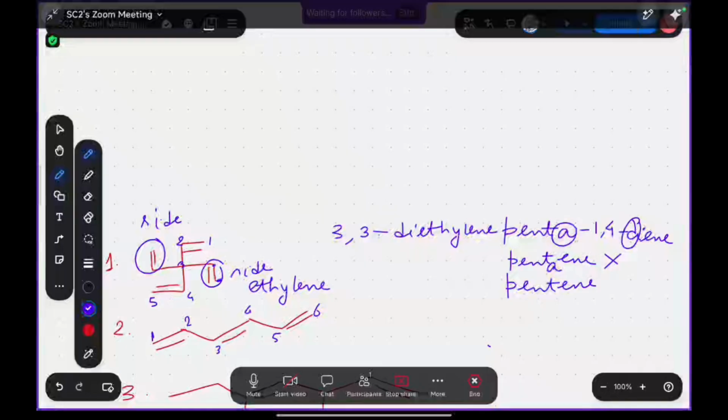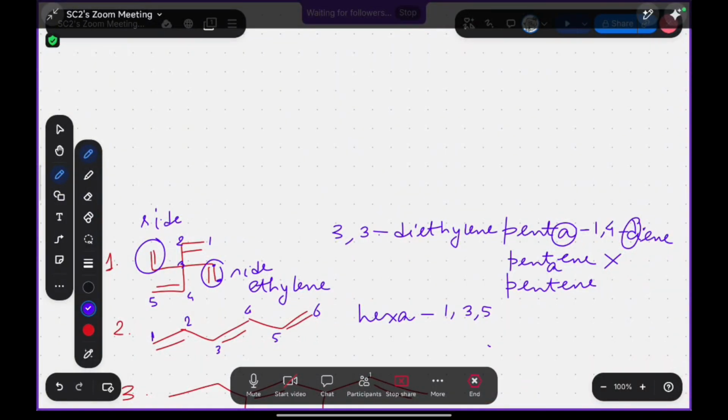After that, what do we do? We write the word root. What is the word root? We are having 6 carbons. So hex, hexa, because we are having three double bonds. We are having double bonds at the 1, 3 and 5 position. So hexa 1, 3, 5. You need to mention the locant of the double bond as well.